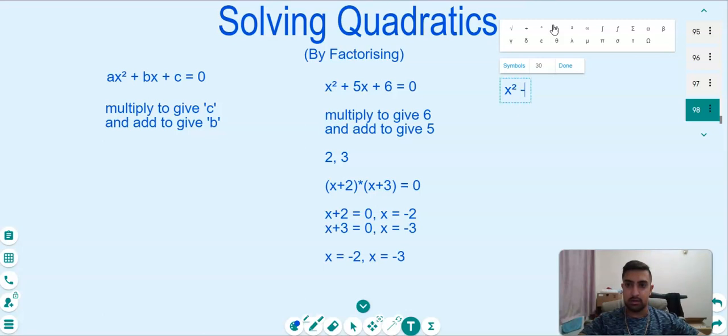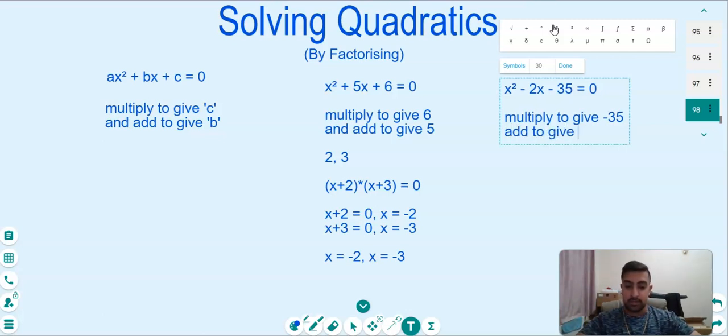So let's say x squared minus 2x minus 35 equals 0. Right, so because we have negative numbers in this instance, our answer will look a little bit trickier. It will be slightly different, but the steps are exactly the same. So, just like before, we need to find two numbers that multiply to give us minus 35. It's important that we include that minus. And then also two numbers that add to give negative 2.